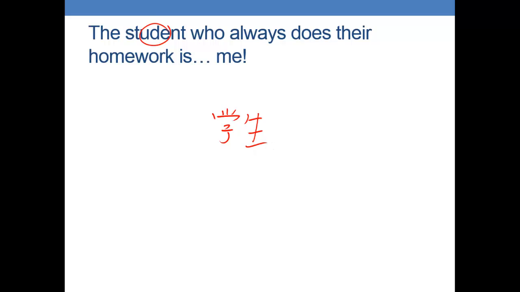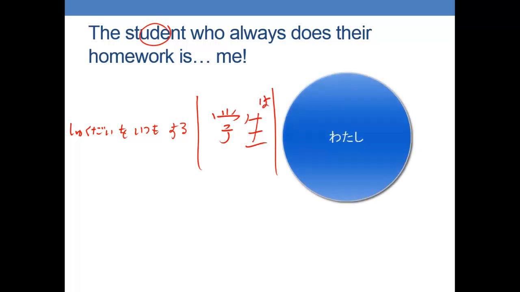Now we're explaining the student, and the explanation is that they always do their homework. So we say shukudai o itsumo, meaning always, suru, to do. Then you have the subject in the middle. Gakusei wa is, I'll put that up there for you, who?